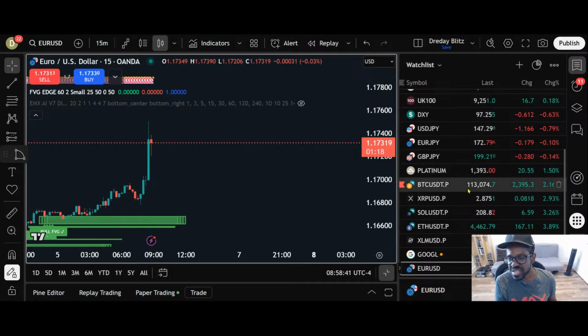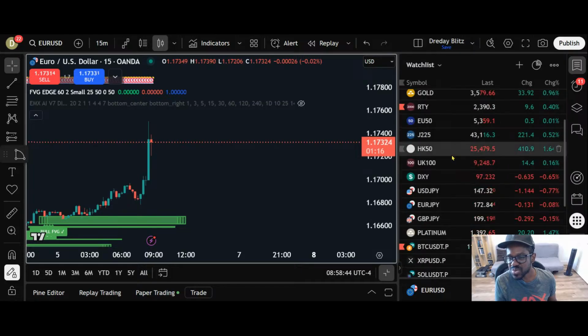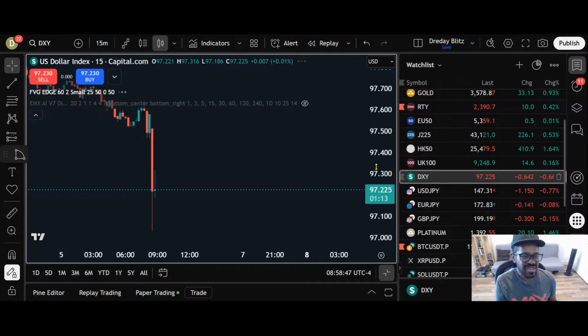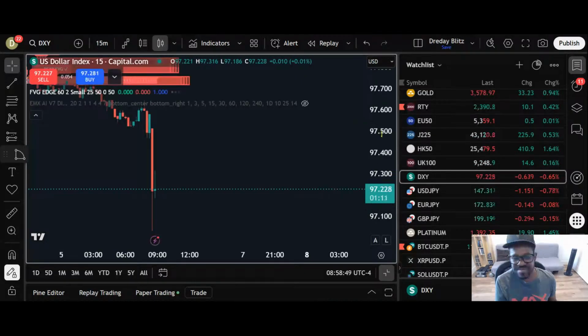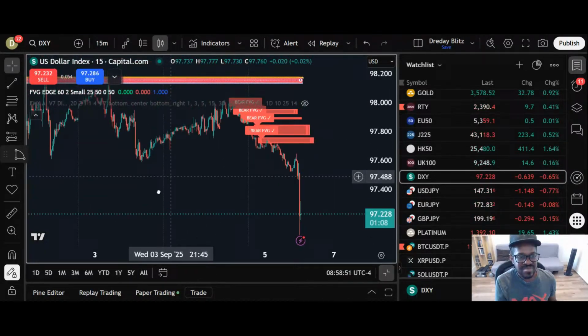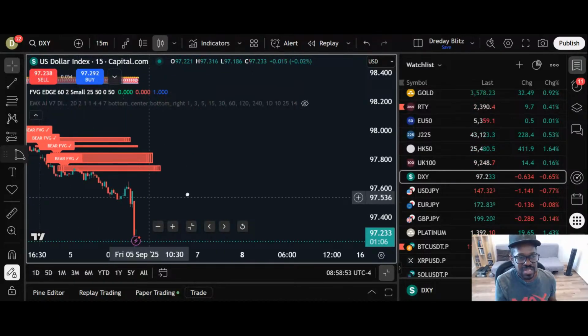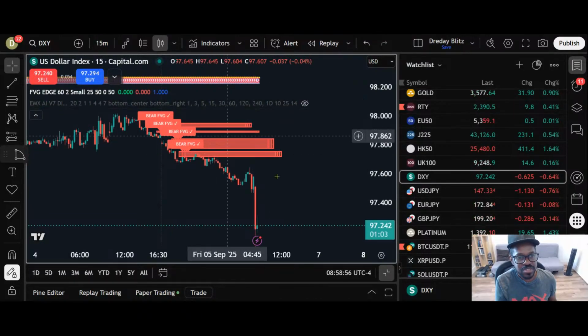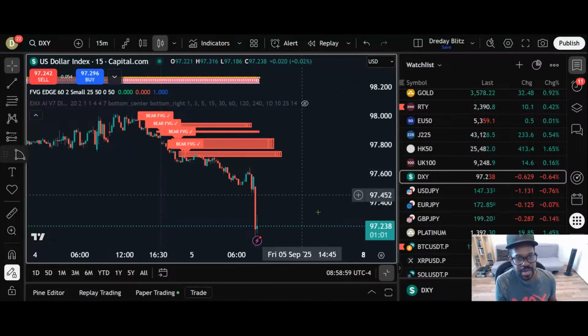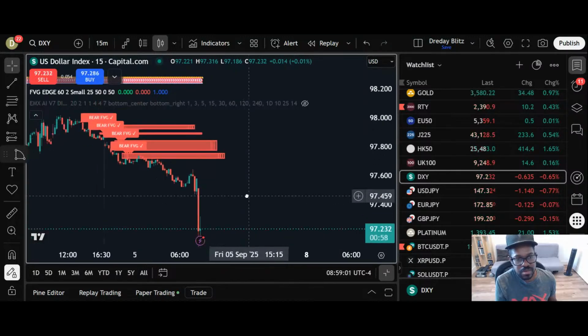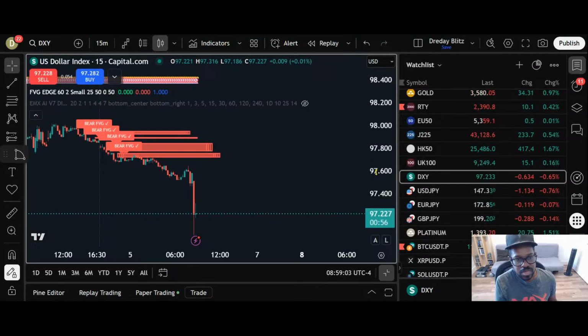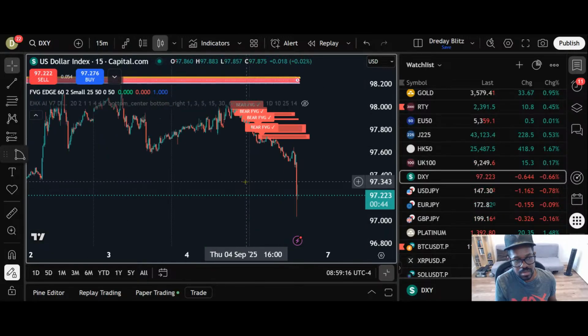Because DXY, if we look at DXY, as you can see, we have multiple bearish fair value gaps here at the top that need to be filled. All right, so they're not going to leave money hanging. You need to grab that liquidity to push the price lower if they want to do that.